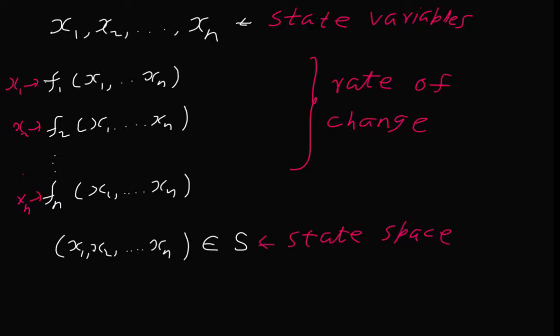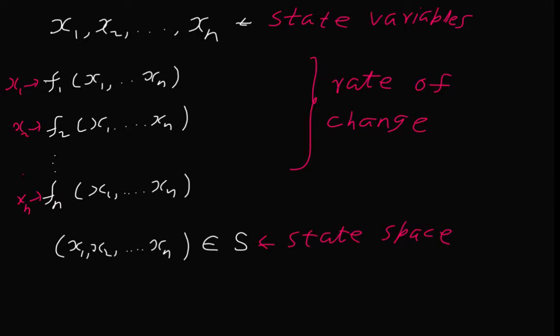So again, understand, we do have n variables, which are called state variables. Then we have functions f1 to fn that represent the rate of change of each variable x1 to xn respectively. Then we can write a point x1, x2, xn, which is in the set S, called the state space.